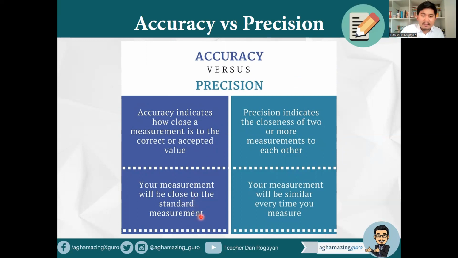Now for accuracy, your measurement will be close to the standard measurement, as I earlier cited. While for precision, your measurement will be similar every time you measure. So usually in a laboratory setting, for example, if we weigh a particular substance, a solid substance, we can do repetitions of these measurements to see it.